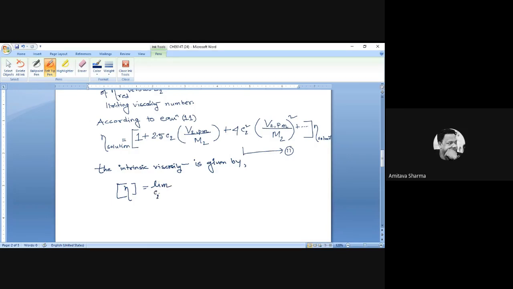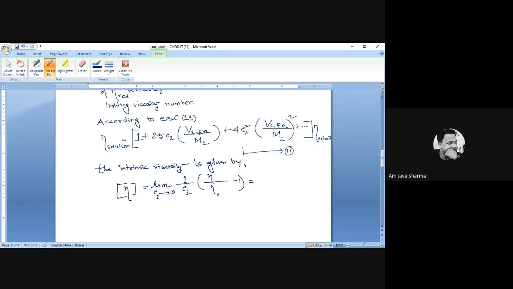So C2 tends to 0, 1 by C2, n by n0 minus 1.